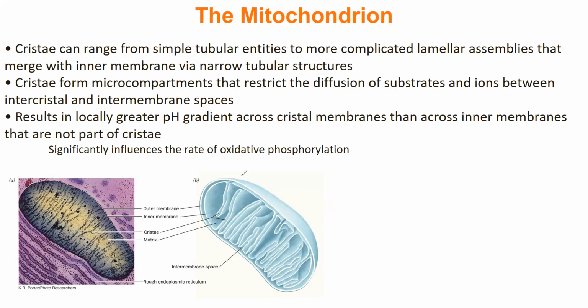And this is really where we're going to do our proton pumping. And so you have a large pH gradient in the cristae. And we can control that because they're in this little chasm.